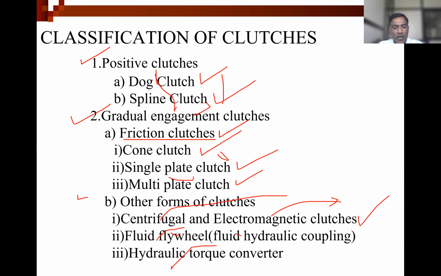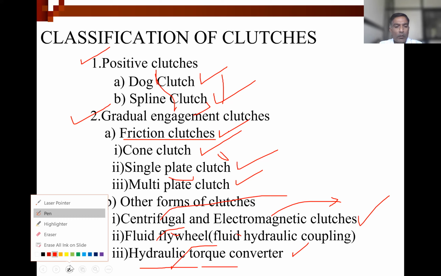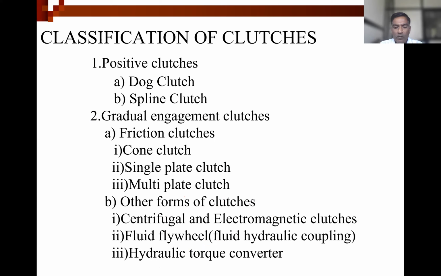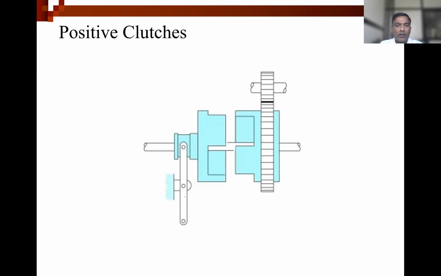And instead of a gearbox, if fluid along with three elements, stator, rotor, and the casing, is used, that is nothing but the hydraulic torque converter. That is the element which is used in case of automatic transmission. Okay. So you can see what is positive clutch or positive clutches.